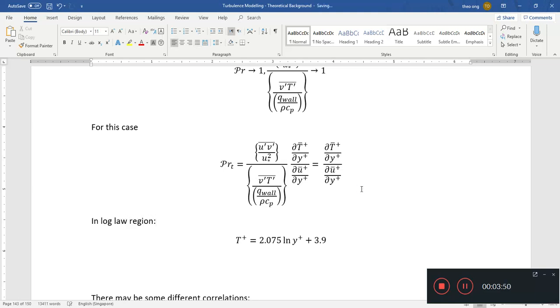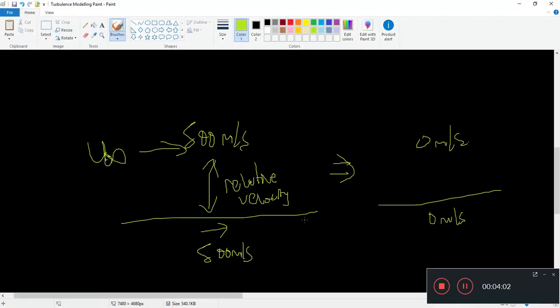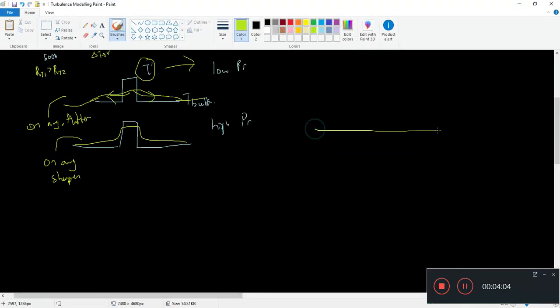We are only concerned with the log law region, the turbulent region and above, because in the viscous sublayer there is no turbulence, so to speak. The other analogy I want to draw is that for velocity or momentum, in the boundary layer you have the viscous sublayer and the log law layer, and of course some buffer layer in between.